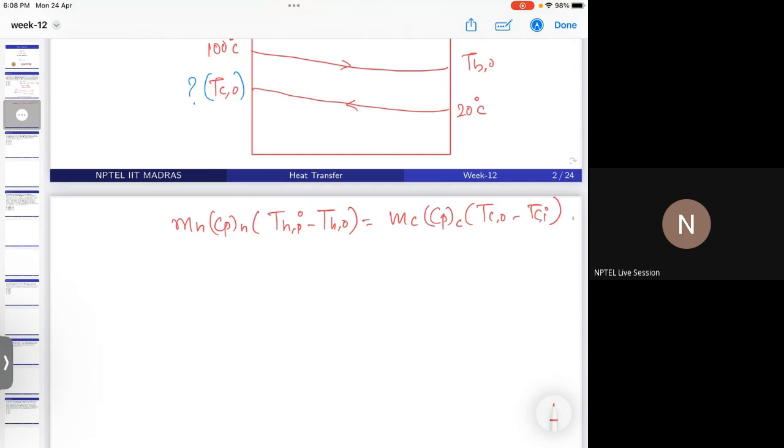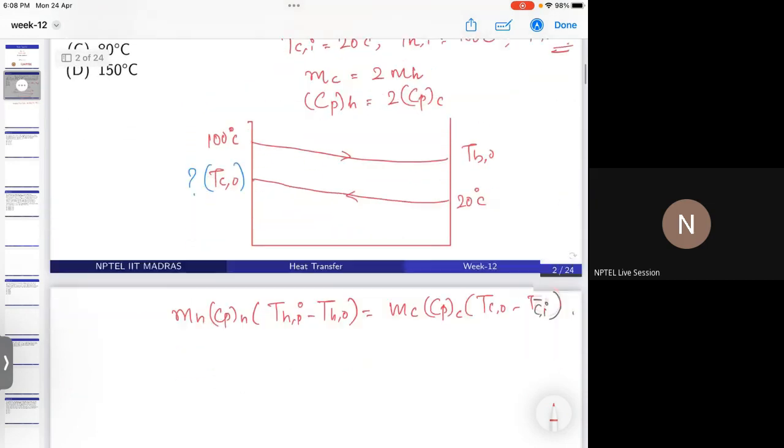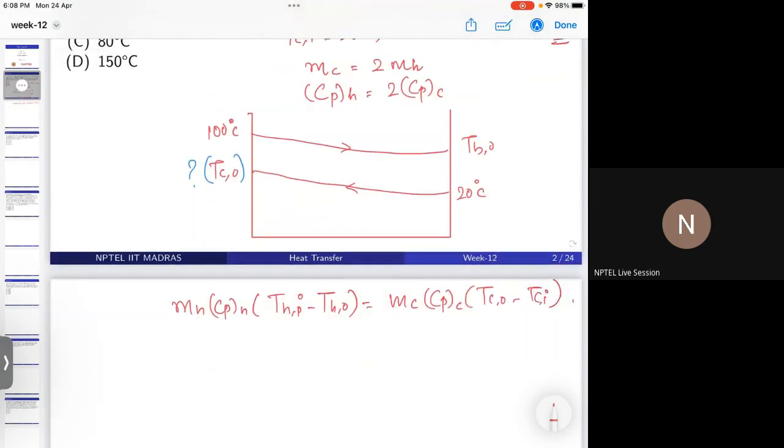As it's given, MC is 2 times MH and CpH is 2 times CpC.